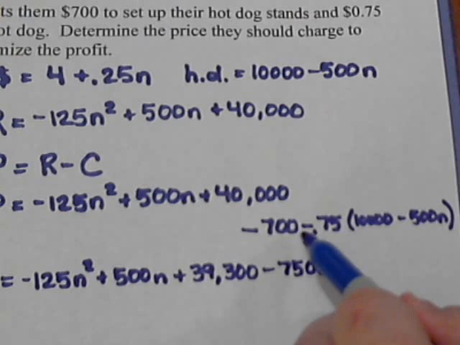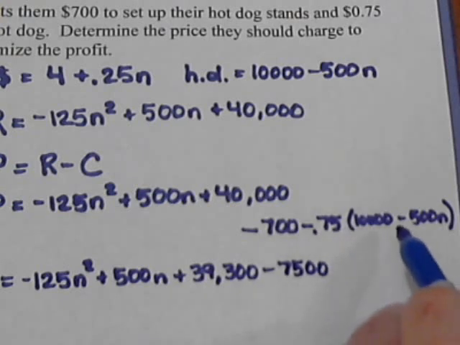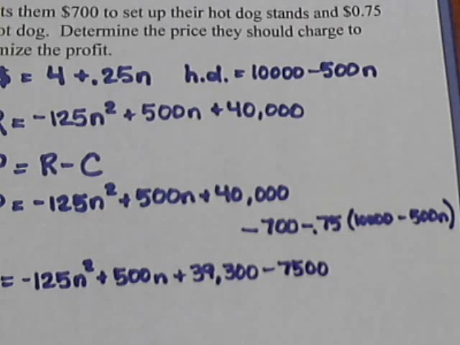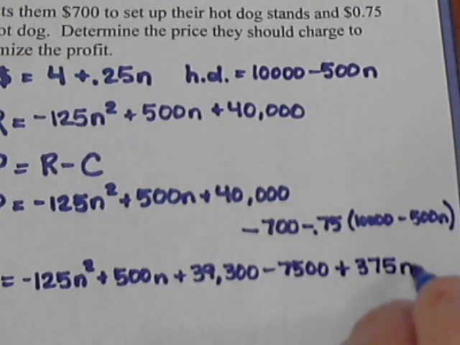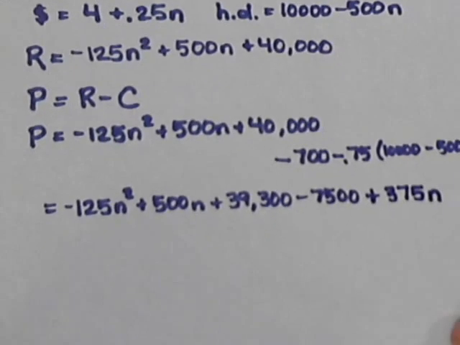And then we also have minus 0.75 times negative 500. Negative 0.75 times negative 500 is a positive 375n here.